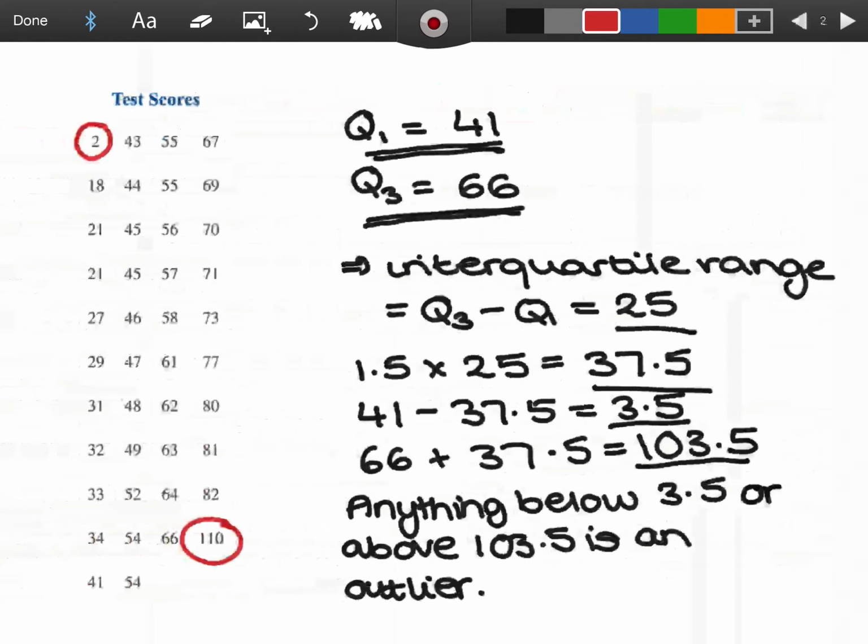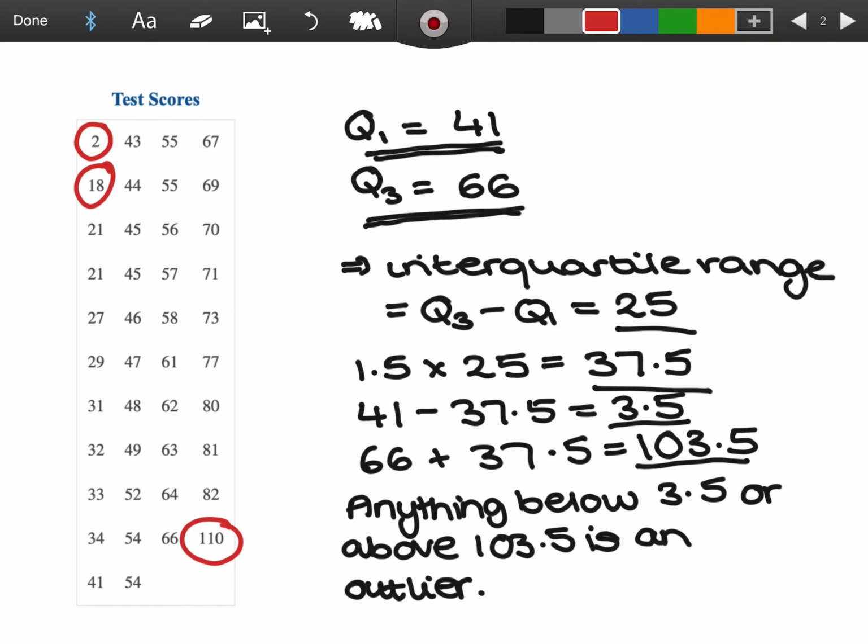And they just mark out those outliers, which you see that they've done here and here. They have then gone back to their data and looked at the rest of it, and they've said, well, after 2, our next smallest data point is 18. 18 is our smallest data point if we were to get rid of that outlier of 2.